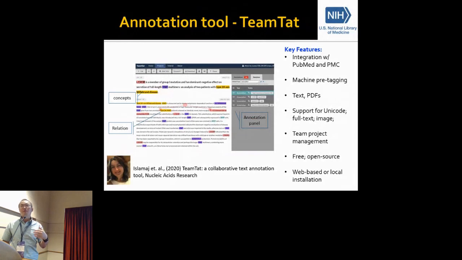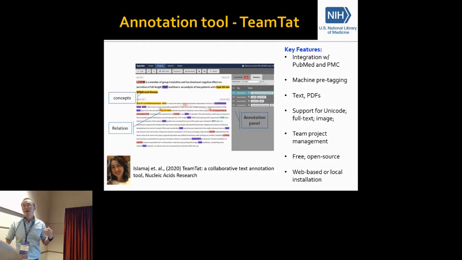But luckily, there's one thing in our favor: we have a great annotation tool previously developed for other projects that we could reuse in this case, which is called TeamTag. This tool is seamlessly integrated with PubMed and PMC articles. If you just provide a PMID or PMC ID, you can render the article immediately. It allows computer pre-annotation, so we can display the PubTator annotations, even though it's not perfect, as a jump start.